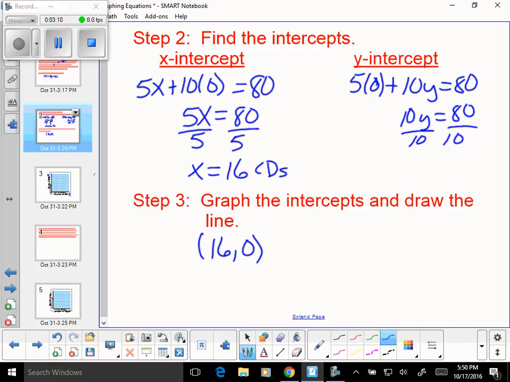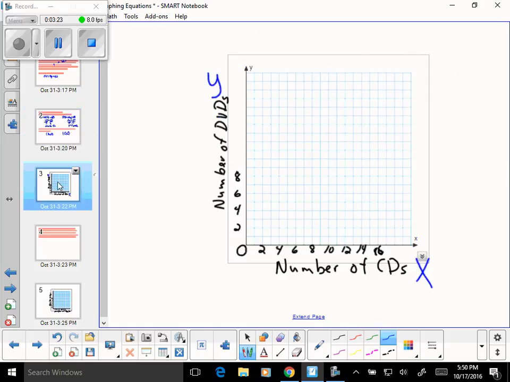Divide both sides by 10. I can buy 8 DVDs. So I'm going to graph the intercept of (0, 8). Now when I go to my graph, I'm going to have (0, 8) and (16, 0).